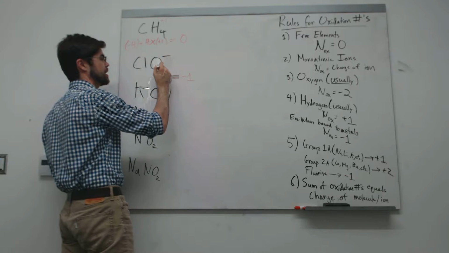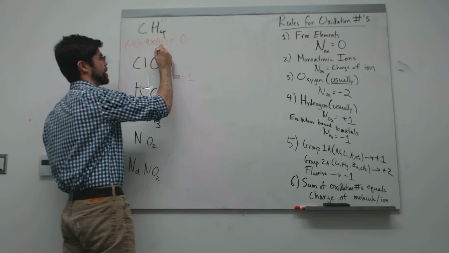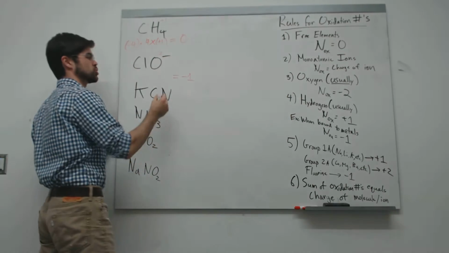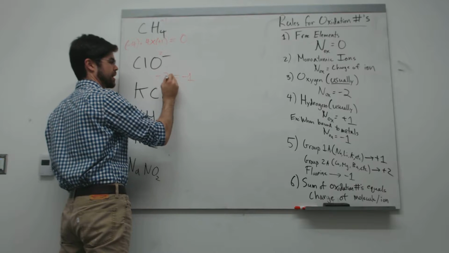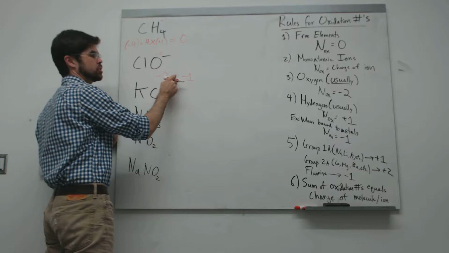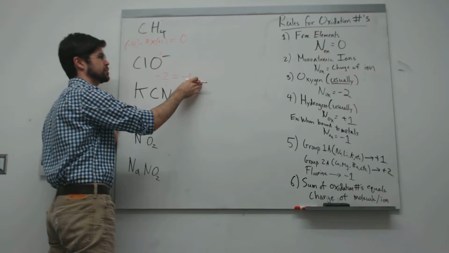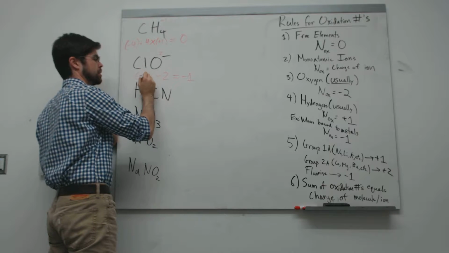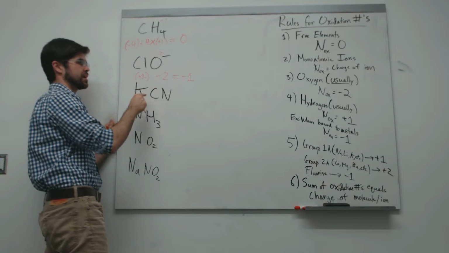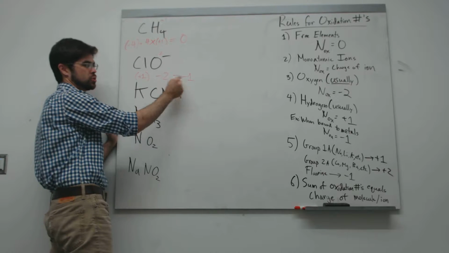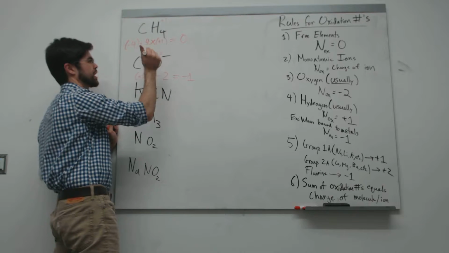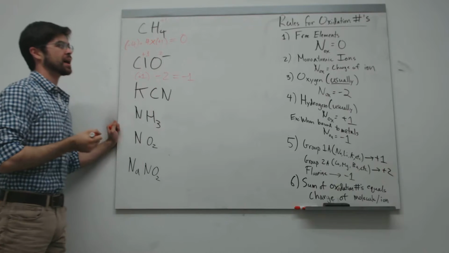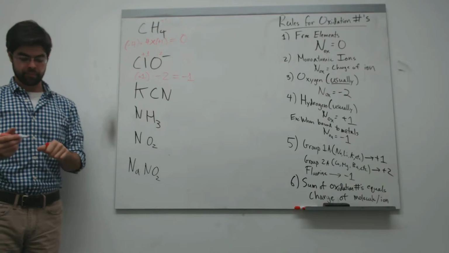Oxygen here should have a -2 oxidation state because oxygen usually has a -2 oxidation state. So I have -2 and the total should be -1. Well, the only way I can do that is if chlorine has a +1 oxidation state. Then 1 minus 2 gives me -1, which is what I expect. So chlorine has a +1 oxidation state in this compound.